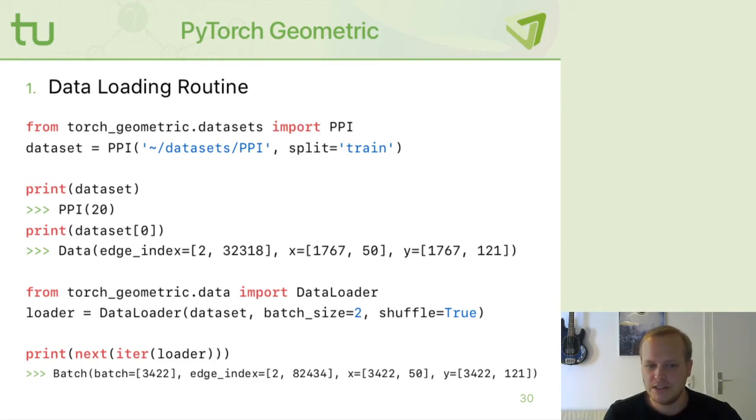So there exist now around 3,400 nodes in our supergraph, and the number of edges also increased. And we can see that this batch object now holds an additional attribute which is named batch, which basically just models the assignment vector mentioned previously. And that is, it holds the information about which node belongs to which example.